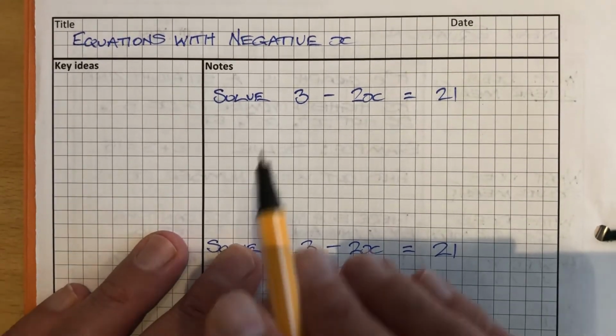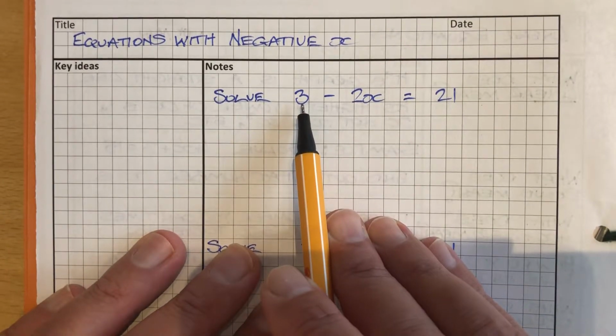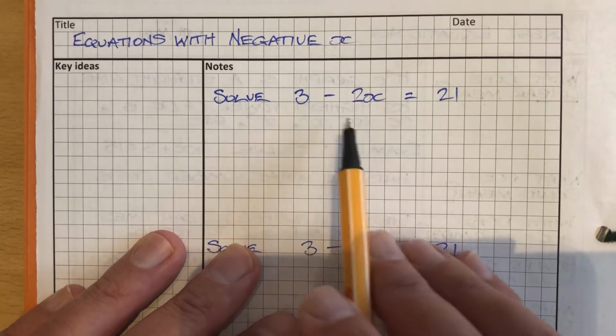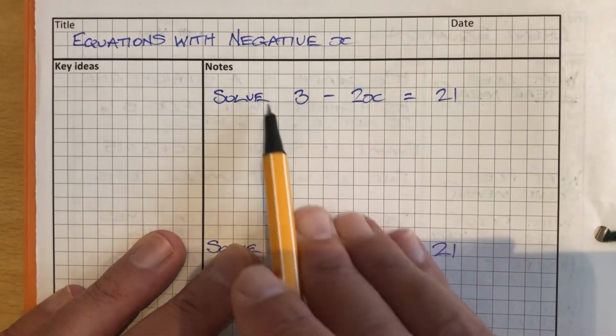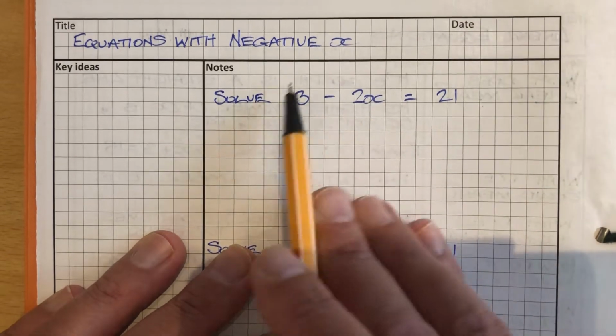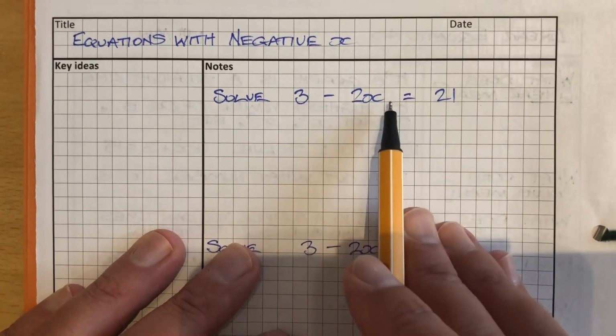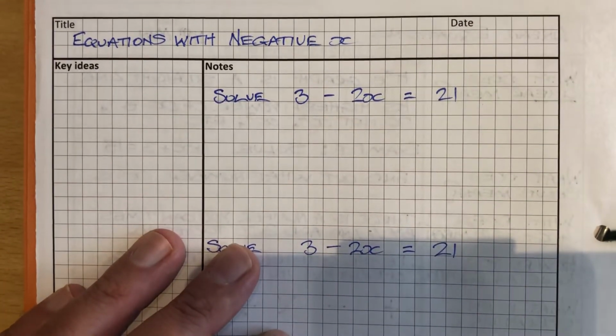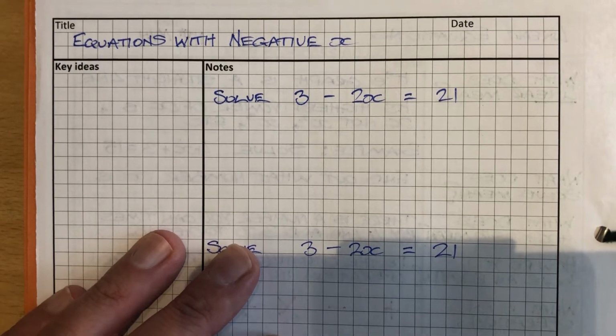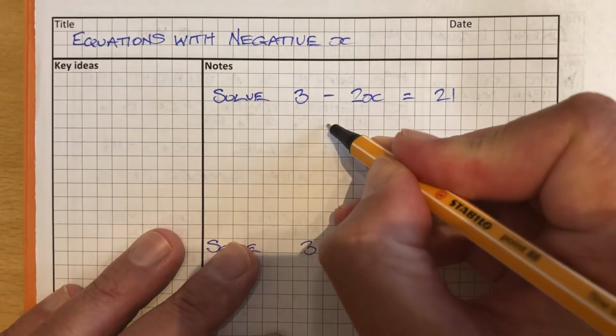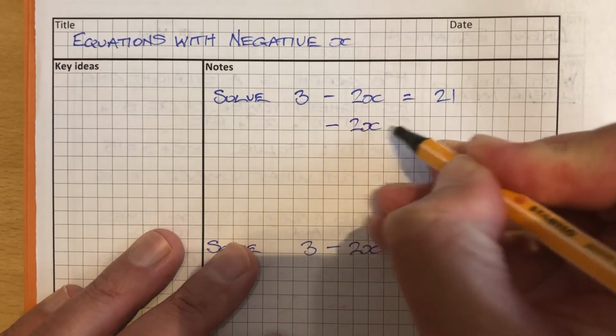Okay, so 3 is positive 3, add 3. I don't want it there. The only thing I want on this side of the equation is x. I want x on its own. So I'm going to remove anything that isn't x. So I'm going to remove the 3.